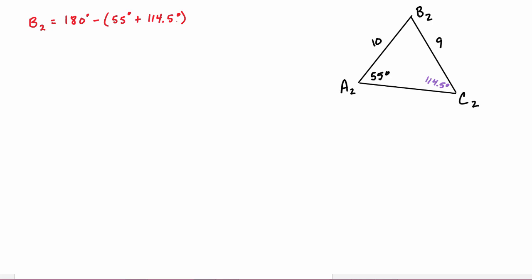We enter that on our calculators. And we discover that B2 is equal to 10.5 degrees. Let's get that in our picture.